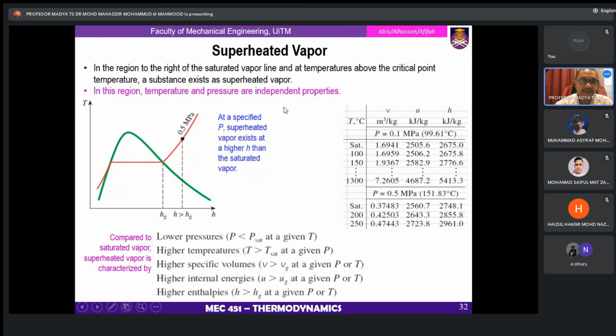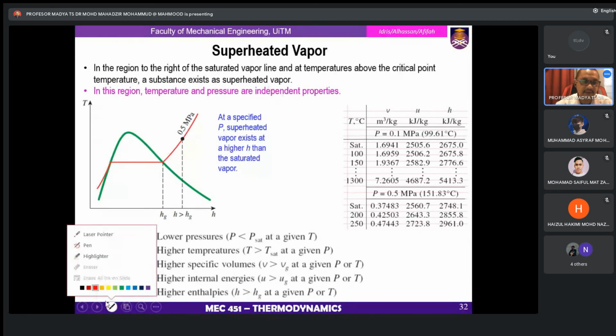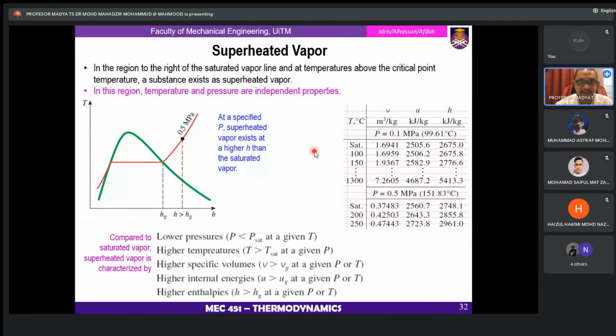Superheated vapor is the region to the right of the saturated vapor line and at temperatures above the critical point, where the substance exists as a superheated vapor. That's what I mean, and I want you to know.